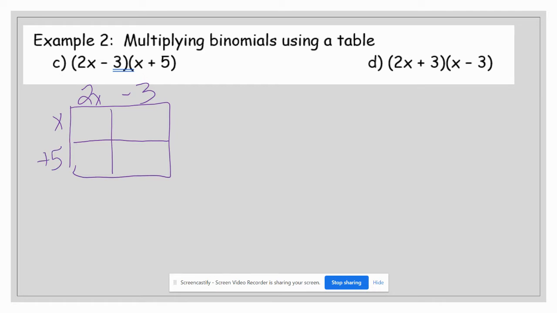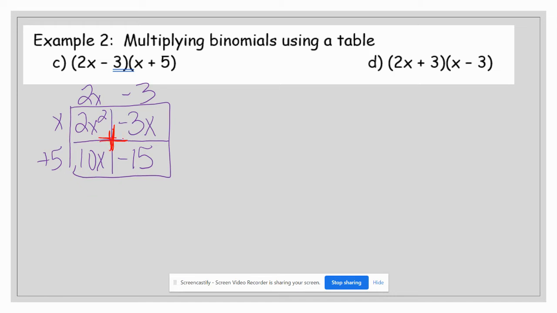Just make sure you keep the signs with the value they belong to. And so this means x times 2x, which is 2x squared. X times negative 3 is negative 3x. 5 times 2x is positive 10x. And 5 times negative 3 is negative 15.